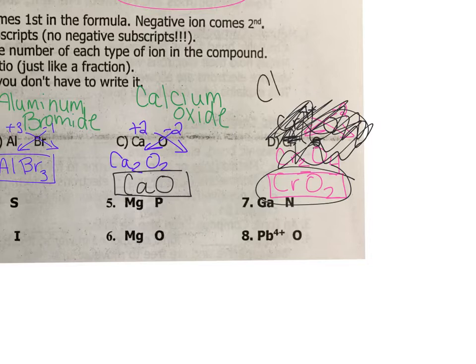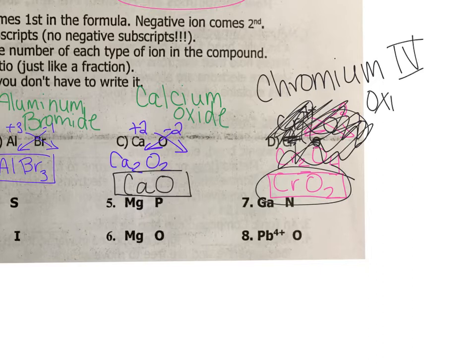But this is chromium 4 oxide, okay? But that's the other catch, is that with your transition metals, with your multivalent cations, you got to kind of do a little bit of math, but it all comes down to the overall charge needs to be what? The overall charge needs to be what? 0. There we go. Good.